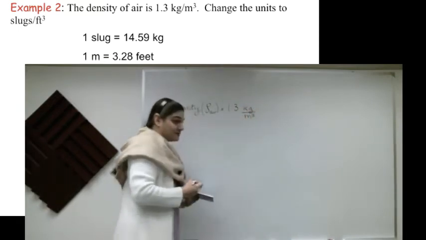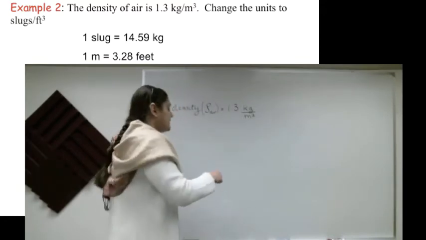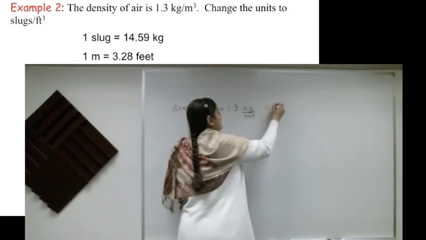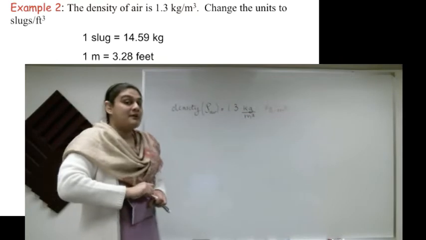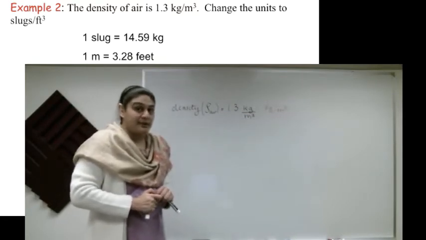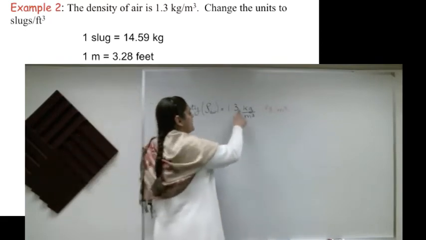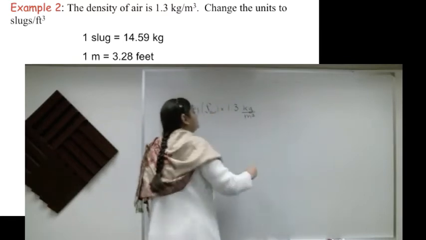Now, I would recommend that during the course of this semester, please do not write kilograms per meter squared or cubed in a slanted way, because it's going to make figuring out what the correct units are a little bit more difficult. You could do it, but I would recommend that you don't. Just write kilograms per meter cubed this way, so it'll make your life a little bit simpler.